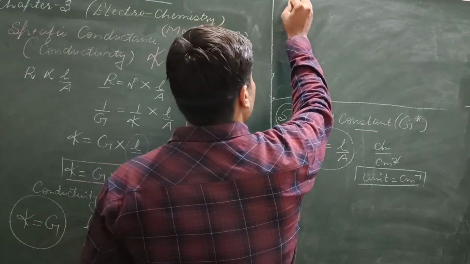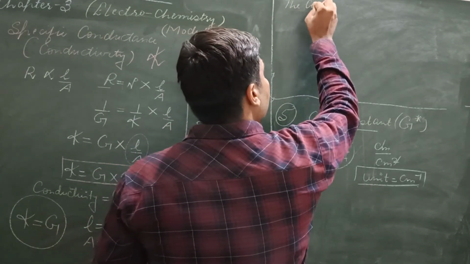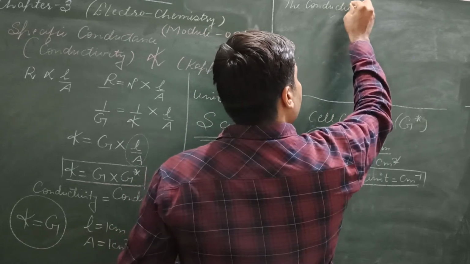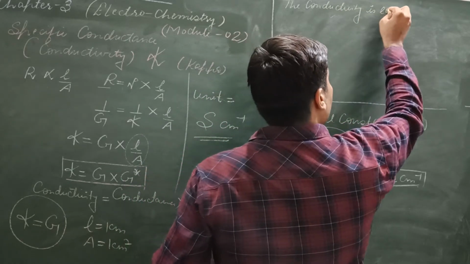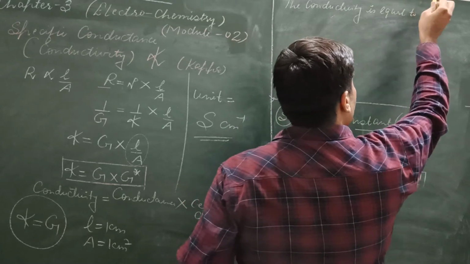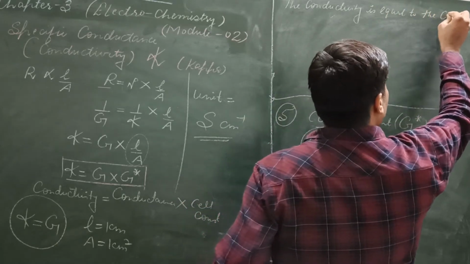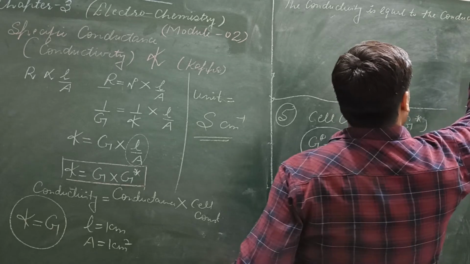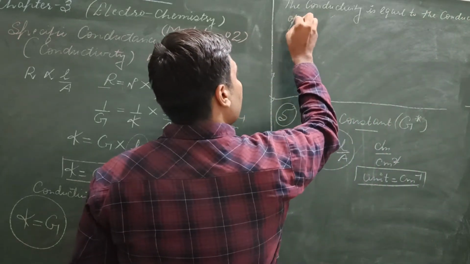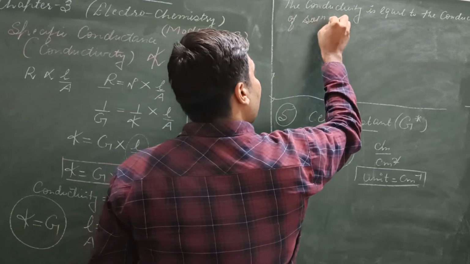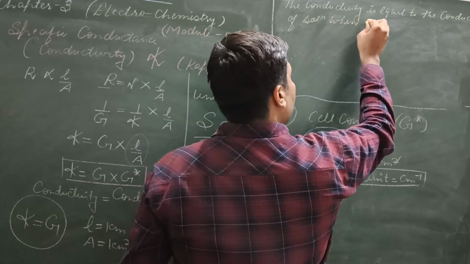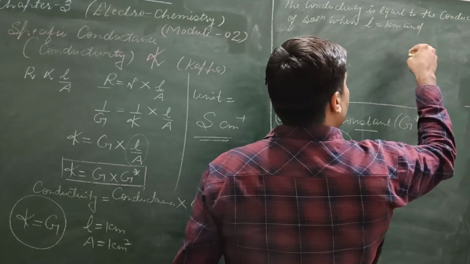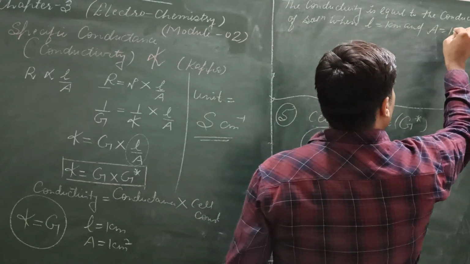The conductivity is equal to the conductance of solution when the length of the cell equals 1 centimeter and area equals 1 centimeter square.